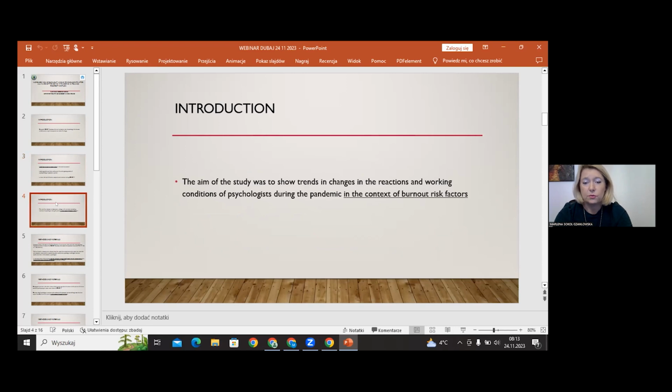The aim of my study was to show trends in changes during the whole pandemic time. In Poland, we have the context of burnout risk, because even before the pandemic, we had problems with burnout in that work group, in the psychologist group.